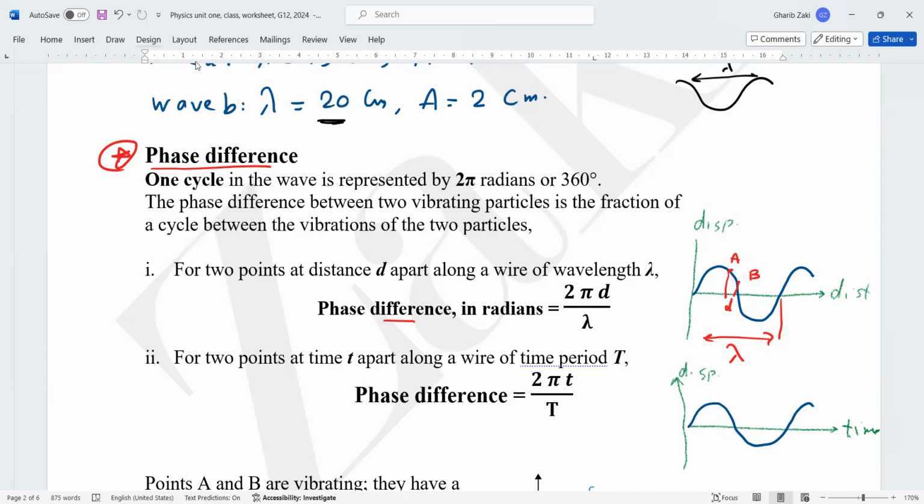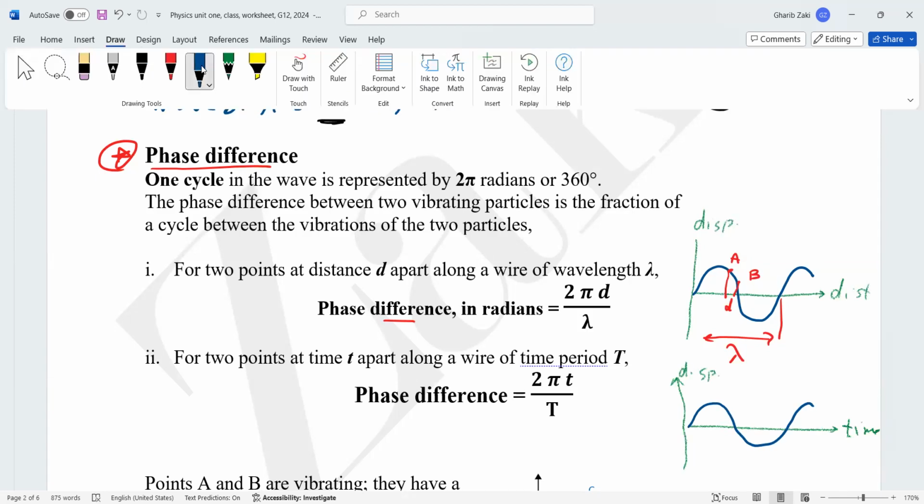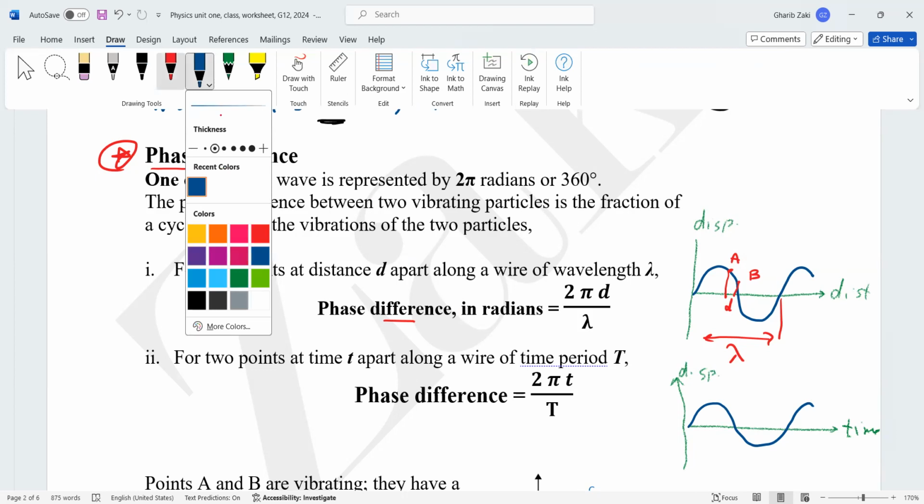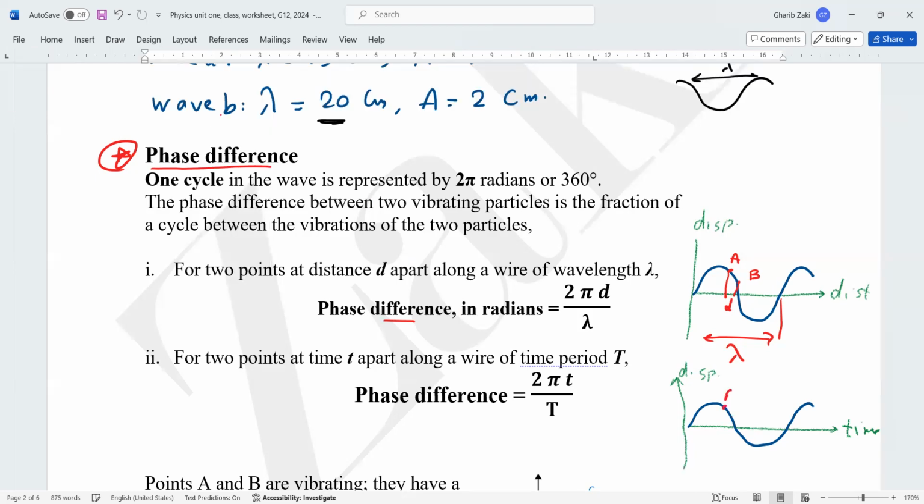This is the displacement time graph. Let the time between 2 points on the graph, for example, this is the point A and this is the point B, be denoted by t small. The time period is T capital. So the phase difference is 2 pi t small over T capital.